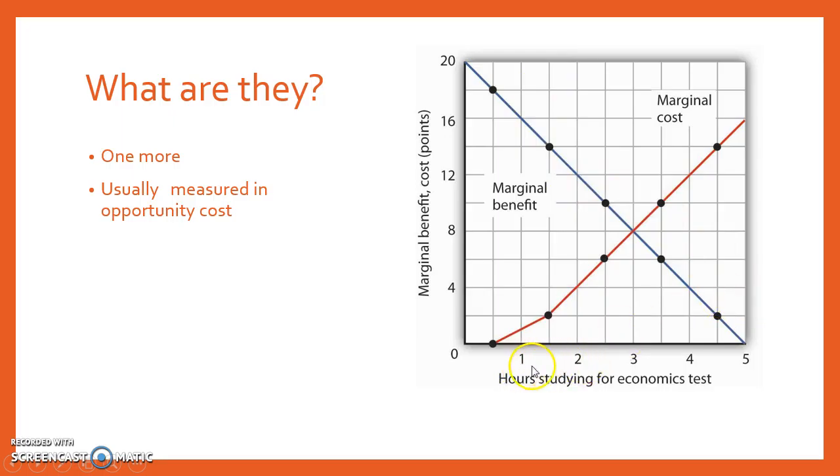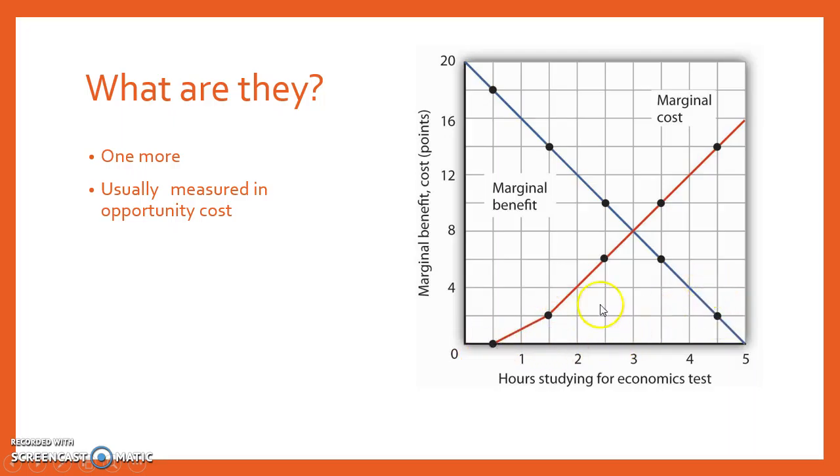But as he spends more time studying for his economics test, he's going to have diminishing returns. So by 4.5 hours, he's only going to get about 2 extra points on his econ test, because Jared pretty much knows everything there is about economics, and so there's not much more he can do to improve his score.